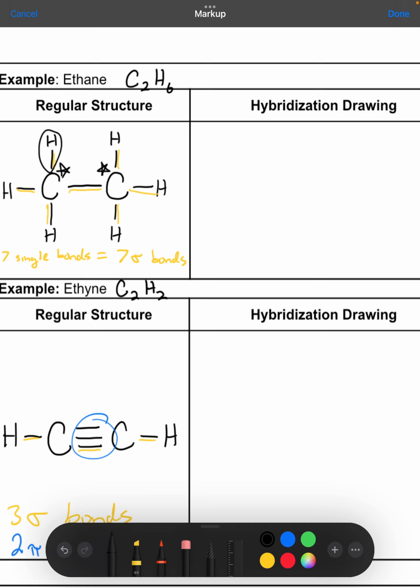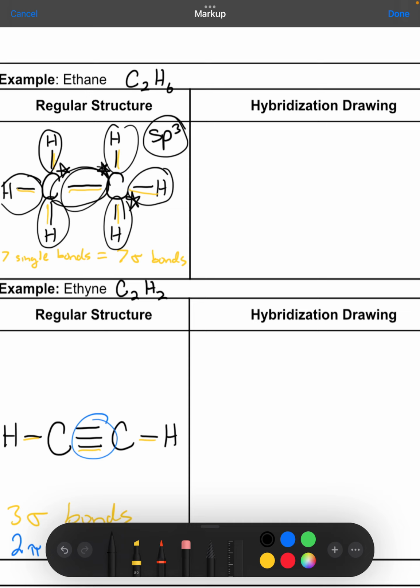This carbon has bonded to 1 hydrogen, 2 hydrogens, 3 hydrogens, and then the other carbon. So if we look on our VSEPR chart, we know that that is sp3 hybridization because the molecular geometry on that carbon is tetrahedral, and tetrahedral means this type of hybridization, all right? The other carbon over here is going to be the same hybridization because, again, it is bonded to 1, 2, 3, 4 total things as well, all right?